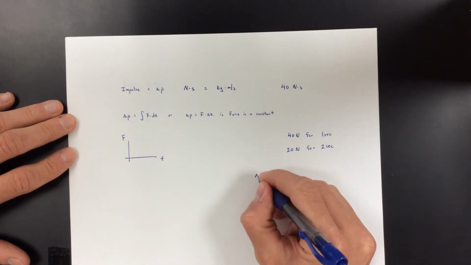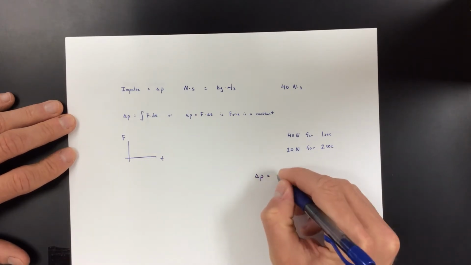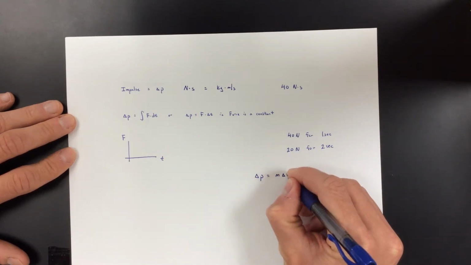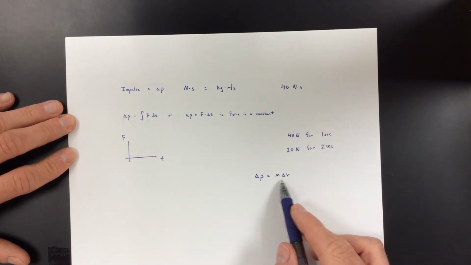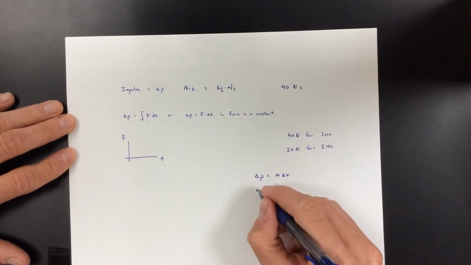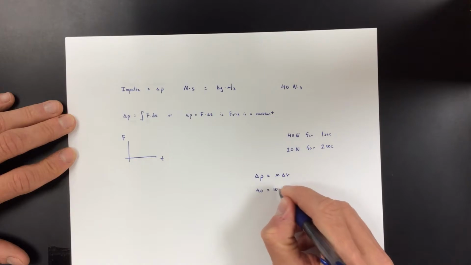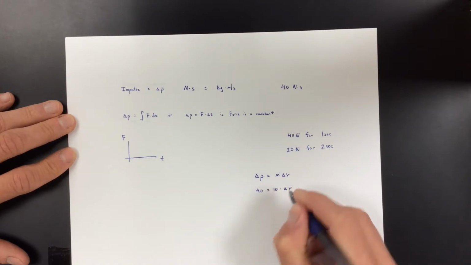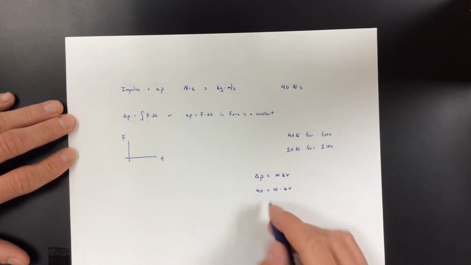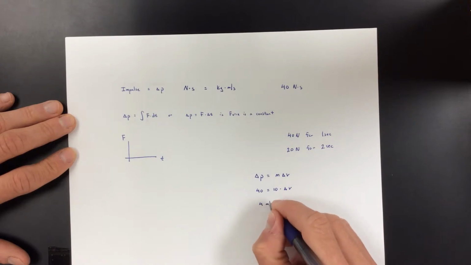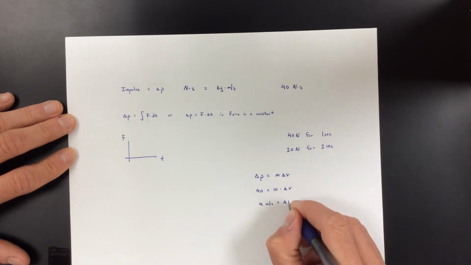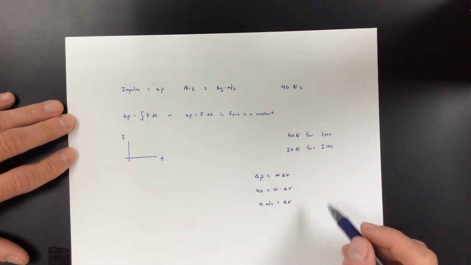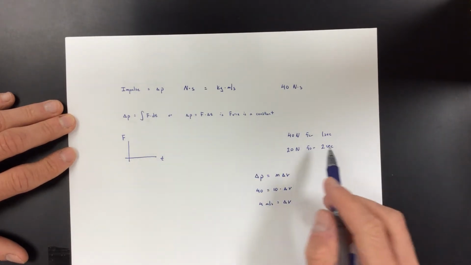But if you knew an object's impulse, then you could find the change in velocity. If the mass was 10 kilograms, and you gave it an impulse of 40, then you'd have a change in velocity of 4 meters per second. So whatever the velocity was, it just increased by 4. Again, assuming the impulse was positive, which means to the right.